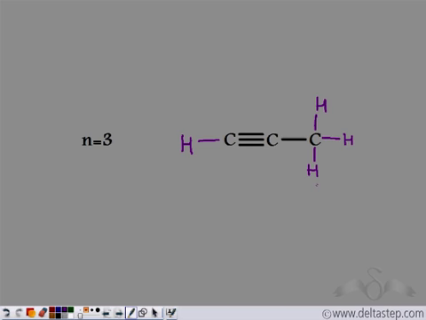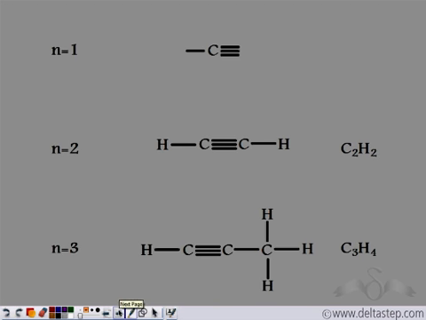So now, if we look at the alkynes, what do we see? We see n is equal to 1 is not a valid alkyne because hydrogen cannot form 3 covalent bonds. For n is equal to 2, we get C2H2, and for n is equal to 3, we get C3H4. Any trend in this case? Let's see.